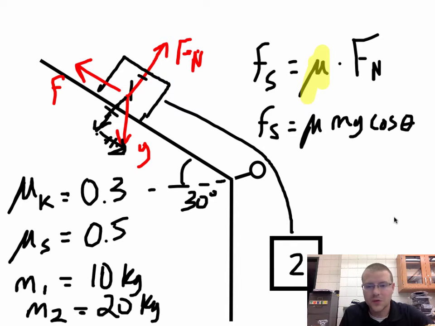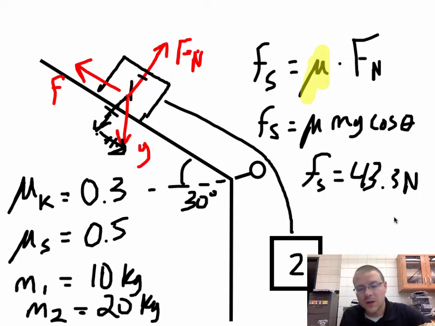So inputting all your values, you end up with a max static friction force of about 43.3 newtons. The block 2 and the x component of block 1 are enough to pull harder than 43.3 newtons. This whole thing's going to go.